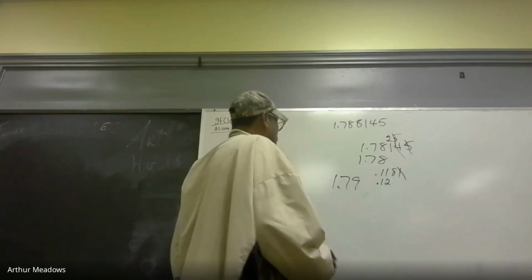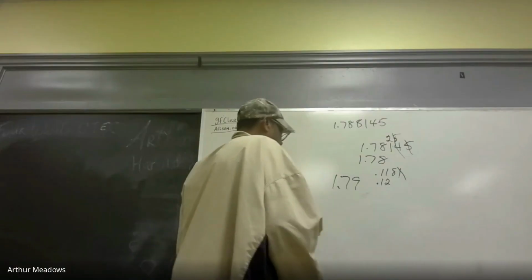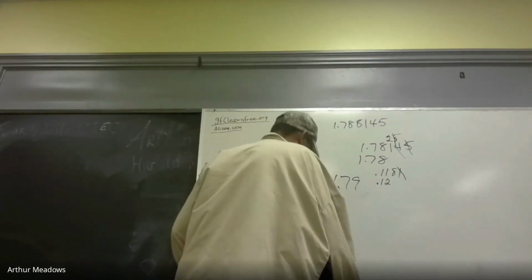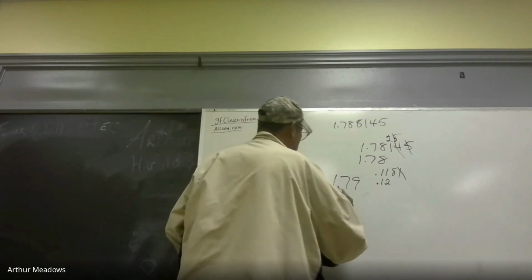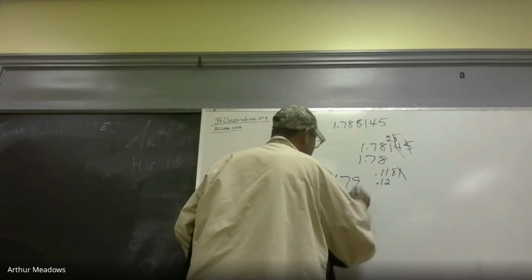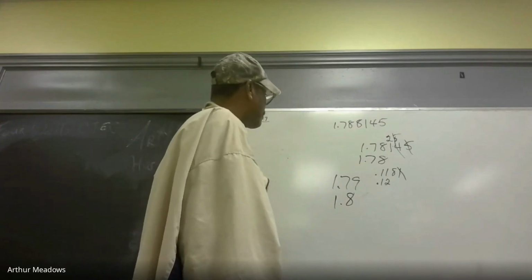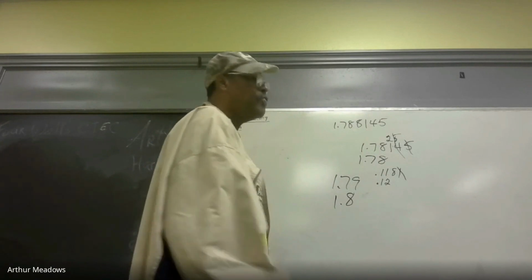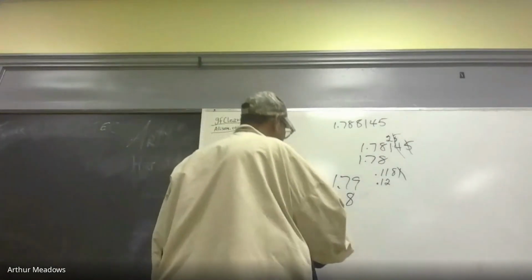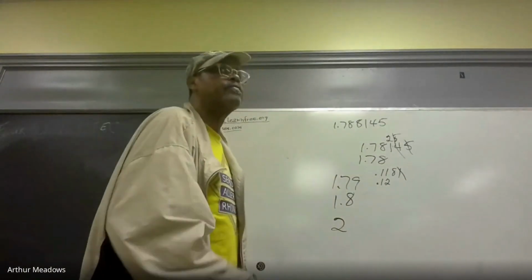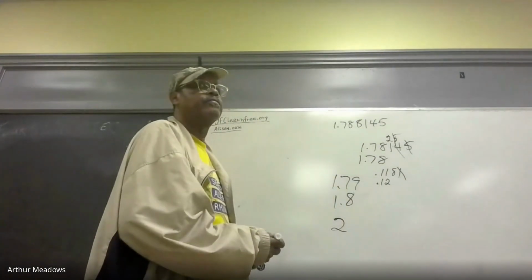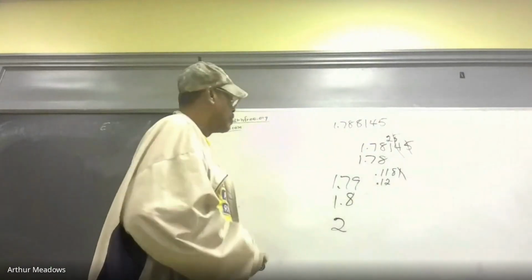What if you rounded it off to the tenths? If you rounded that 7 off, that 8 would make that 7 an 8, right? 1.8. Right, that's the tenths. And if you want it in whole numbers, it becomes 2, because that 8 is above 5.